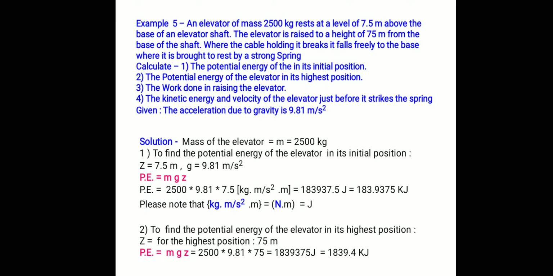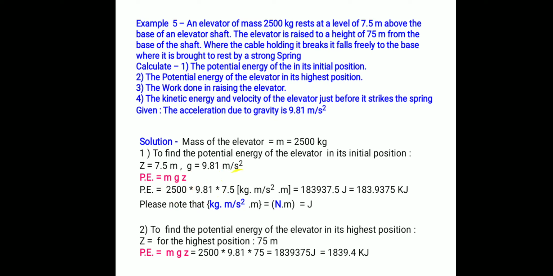Now we must go one by one. So for the first condition, what is the formula for potential energy? We have already discussed the various forms of energy and their respective formulas. So potential energy is nothing but mgz. In the potential energy formula, m is the mass of the substance, in this case 2500 kg. g is 9.81 meter per second square, and z is the height.